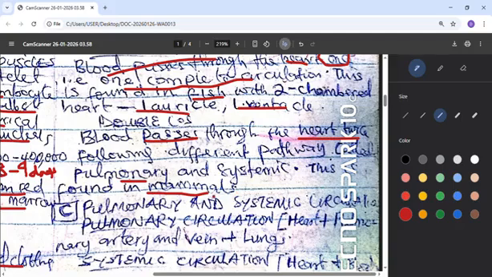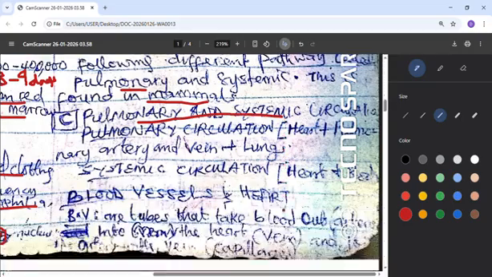Now for C, pulmonary and systemic circulation. We want to focus on this pulmonary circulation. When we talk of pulmonary circulation, the first thing, we have to start from the heart, the one that is producing the blood. Then after that, we now have pulmonary.